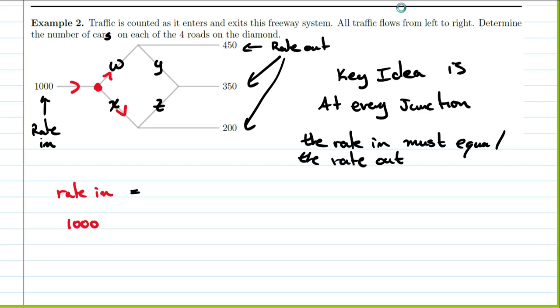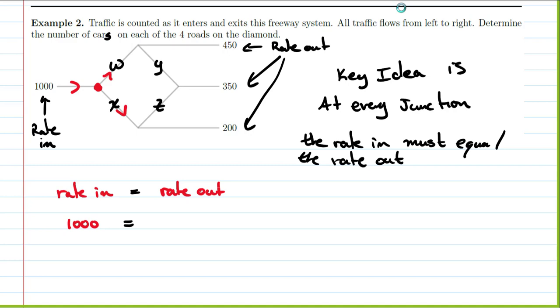That has to equal my rate out. Well, at that intersection, it now splits into two different things. How many cars went up and how many cars went down?